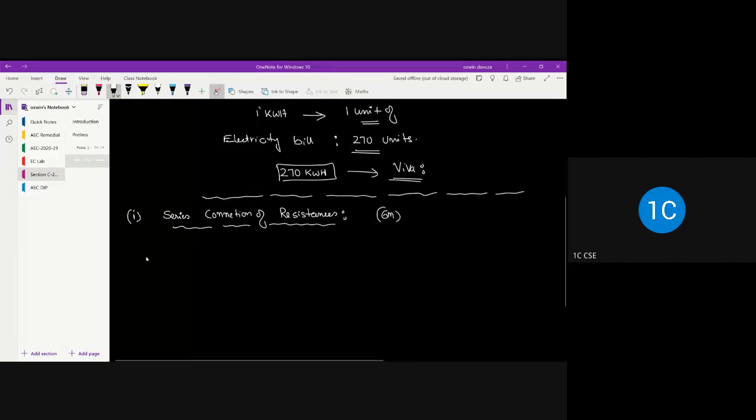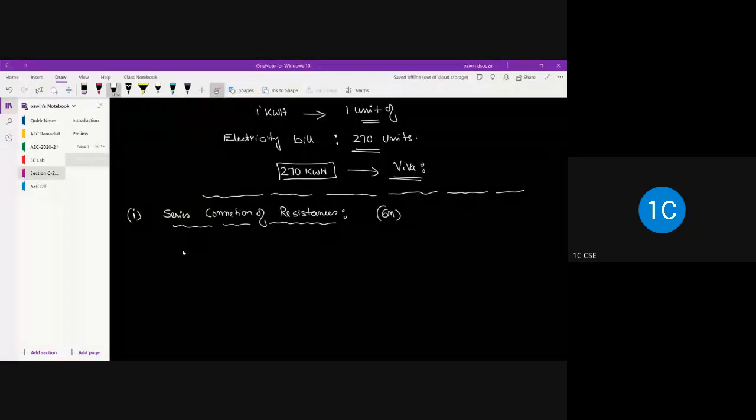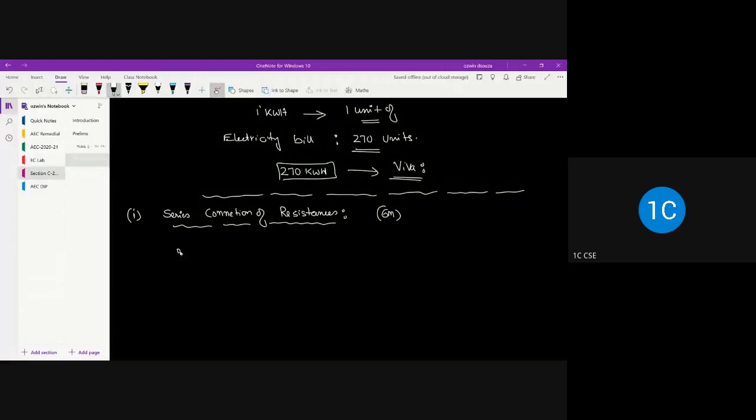Now, series connection of resistances. Let us get into this. Consider that we have 3 resistors. For the sake of simplicity, I have taken only 3 resistors connected in series.